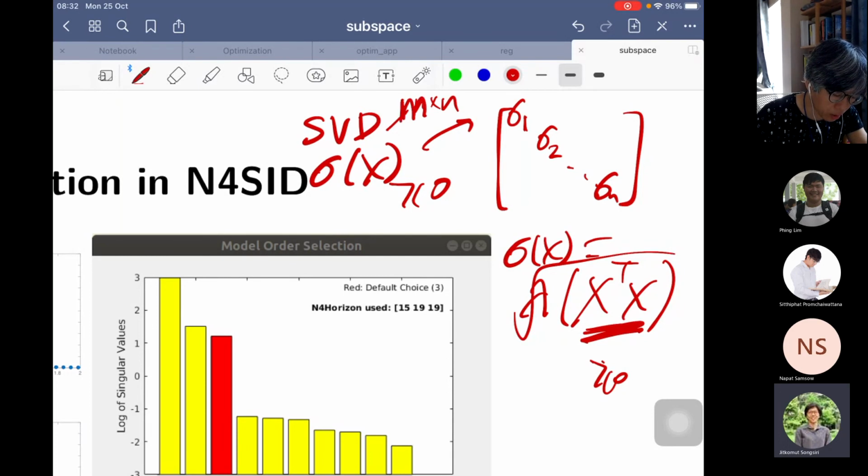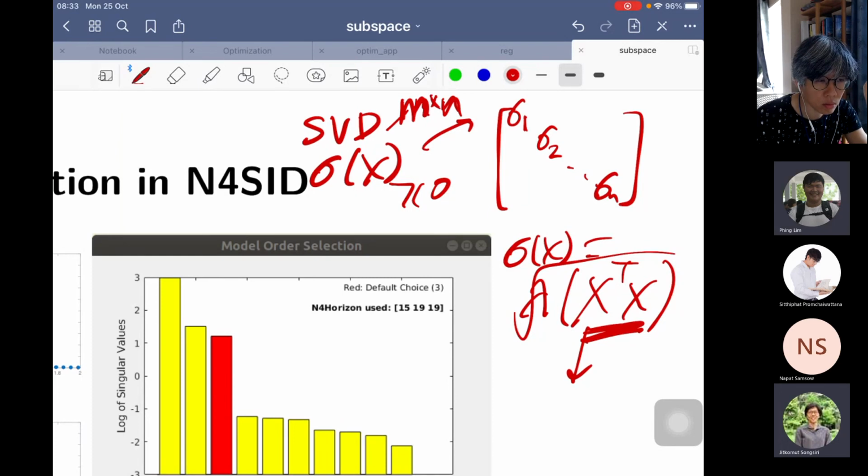If a matrix X is m by n, what is the size of X transpose X? It is n by n.